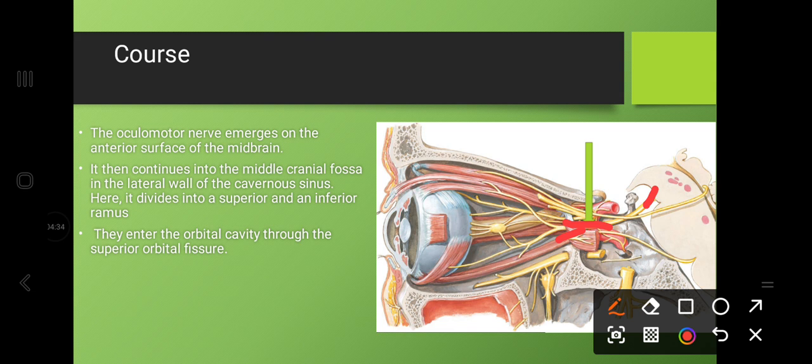It enters the orbit through the superior orbital fissure.